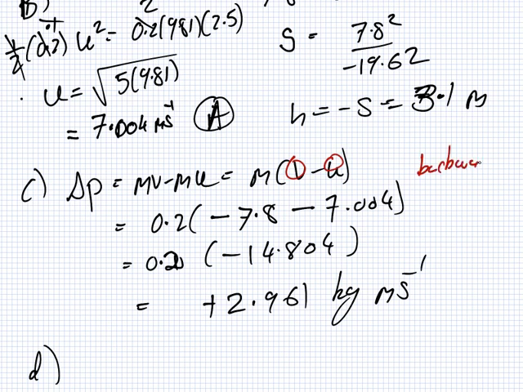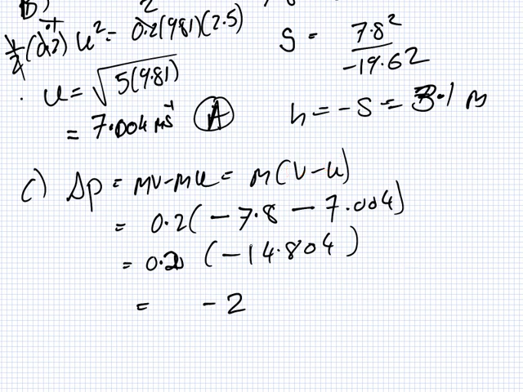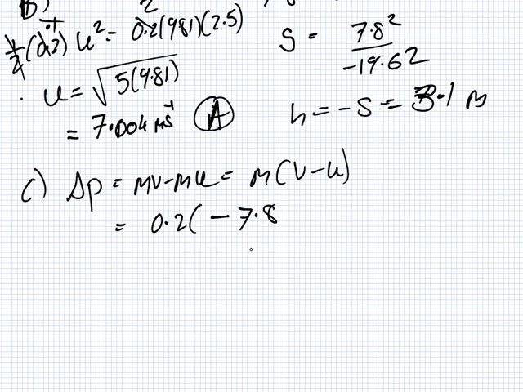So it should have been 7.004 minus 7.8. So I'm just going to do it again. 7.004 minus 7.8. Okay, so that's a different number then, isn't it? It is the same, just the sign.